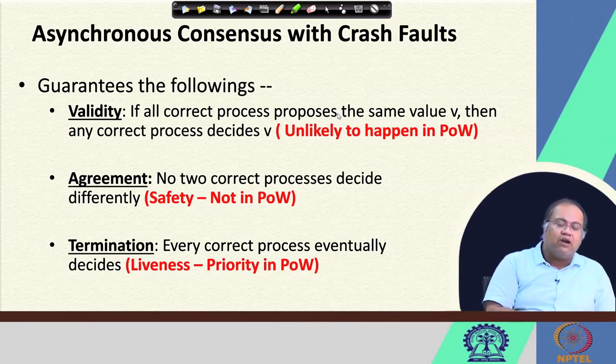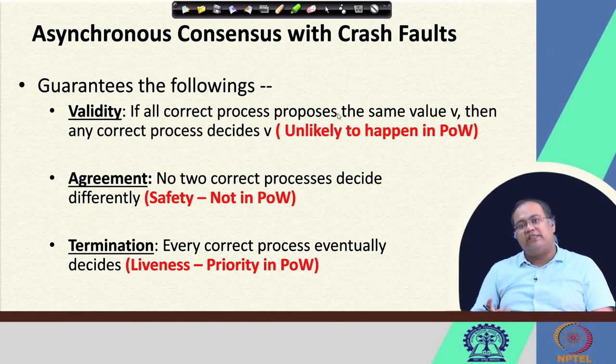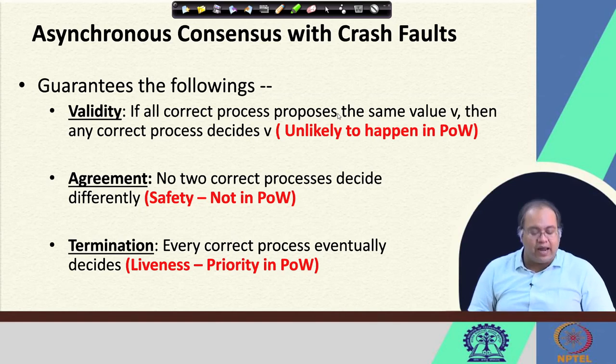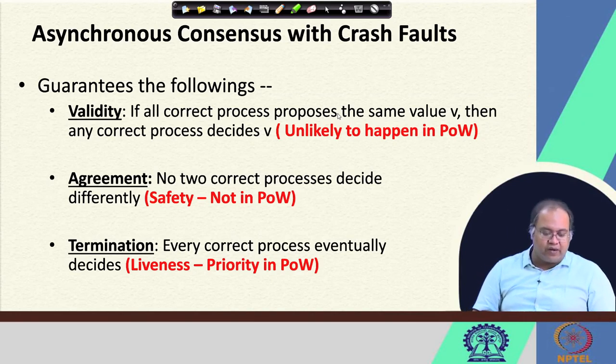What is given more priority in proof of work is termination, which is similar to the liveness property: every correct process will eventually decide on one of the blocks. So these are the properties of classical distributed consensus algorithms, and this is how they are referenced in the context of proof of work mining.